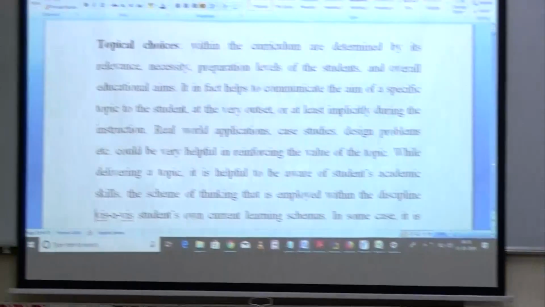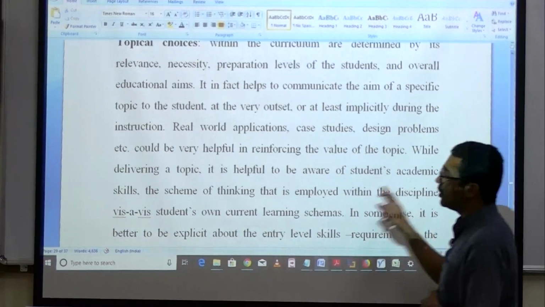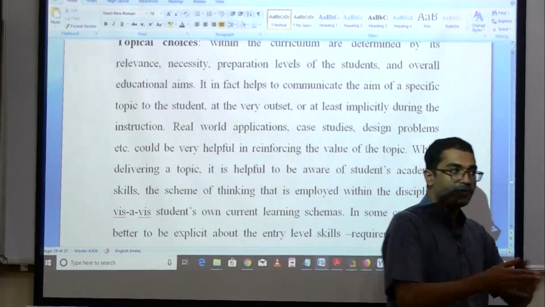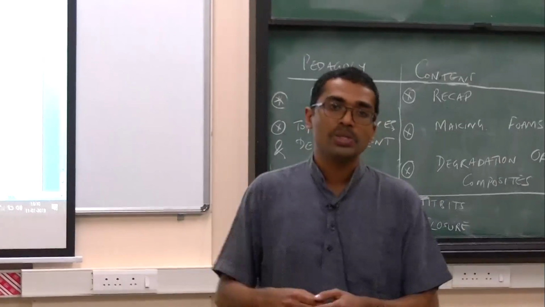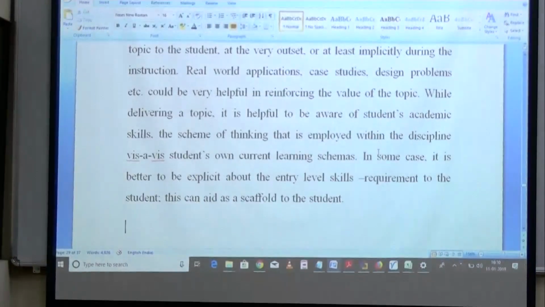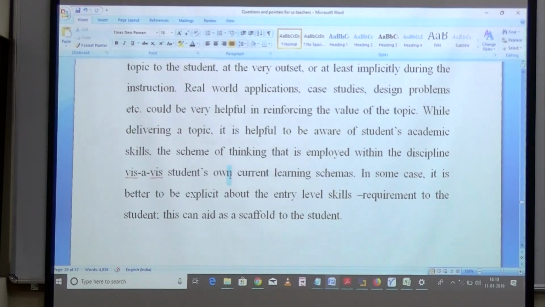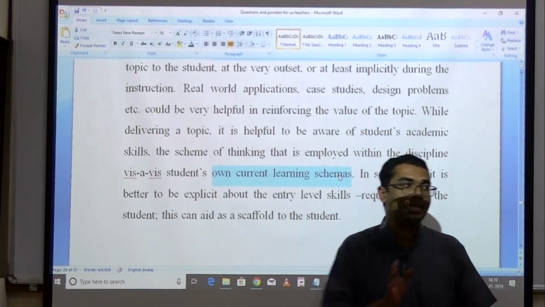It is helpful to also be aware of the skill set that the student brings to the table. Now again, different students would be at different levels when it comes to a given skill, right? So there will be a spread associated with it, and it's rather important. Again, some diagnostic tests would be helpful, and it is essential to also understand in principle what the students' learning typically looks like.